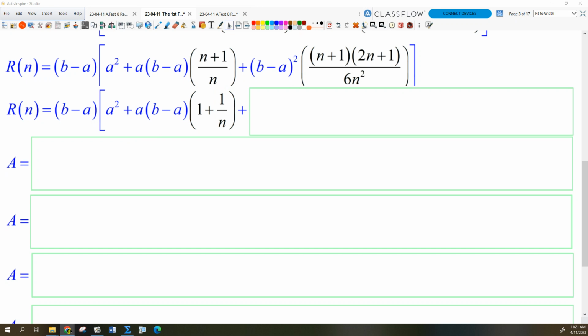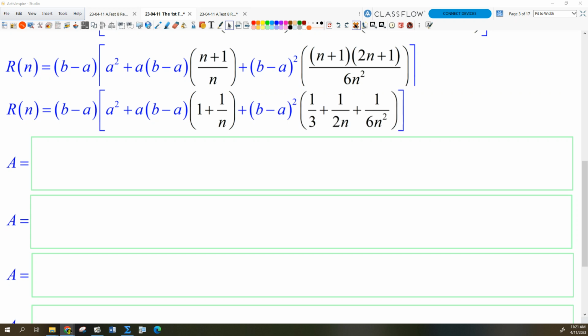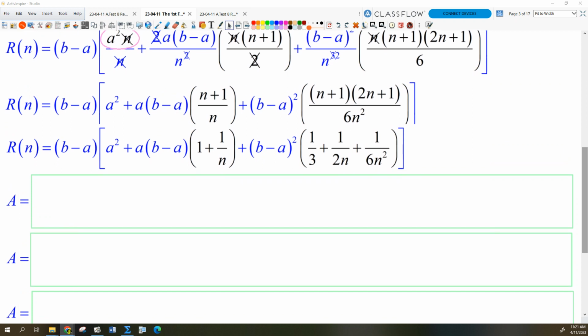If we split up this common denominator, that just looks like 1 plus 1 over n, right? And this one over here, if I FOIL this out, I'm going to show this little step here real quick. This is going to give me 2n squared plus n plus 2n, so plus 3n plus 1, divided by 6n squared.